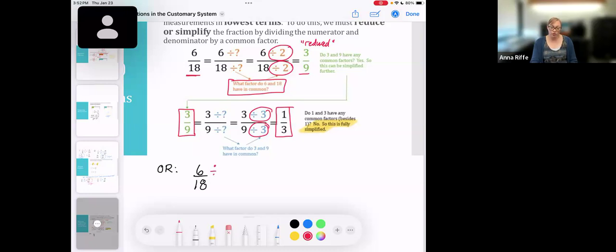We could have instead chosen 6. I could divide the numerator and the denominator by 6. Yes, great, I see that in the chat. 6 divided by 6 is 1. 18 divided by 6 is 3. And so we did that reduction in 1 step instead of 2. You should get to the same final answer regardless of how many steps you do. Doesn't matter to me whether you do the 2-step or the 1-step in a problem like this. But it's kind of helpful to know that there are multiple ways of doing this.